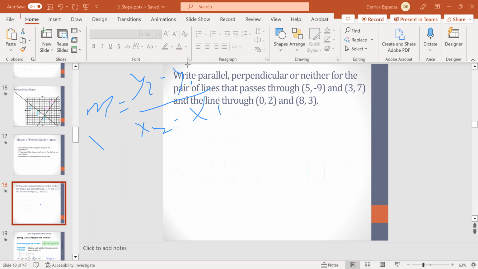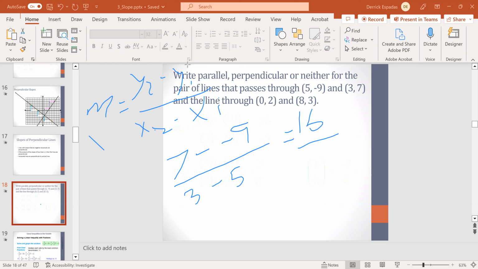All right, so let's just start plugging in values. We have one line, so we're going to start off with 7 minus 9. Here's our y2, y1. And then we're going to put our x2, which is 3, minus 5. Now the negative becomes a positive, so we have 7 plus 9, so we end up with 16.